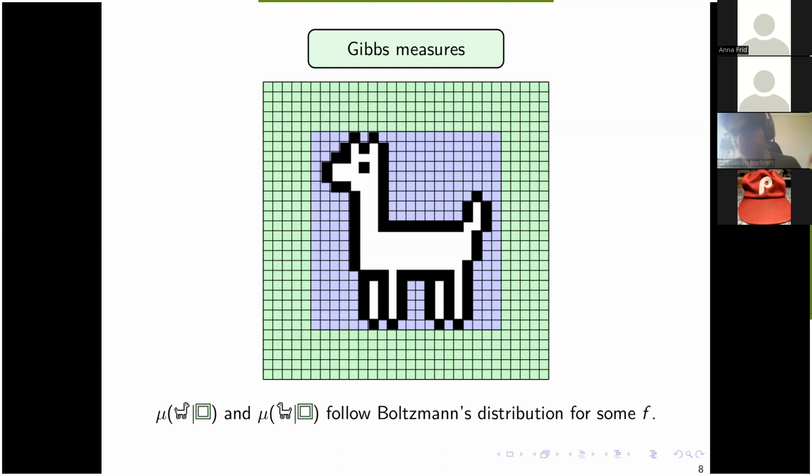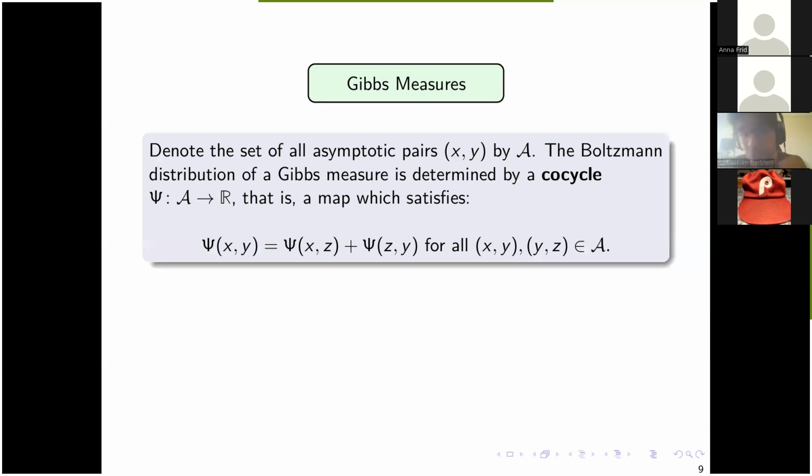All right, so what does this have to do with indistinguishable asymptotic pairs? Well, I can denote the set of all asymptotic pairs (x,y) by A, so that's some relation. The Boltzmann distribution of a Gibbs measure, I can determine it by some cocycle on the asymptotic pairs. So I can just codify this Boltzmann distribution by something called a cocycle.